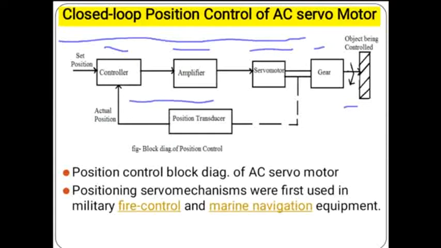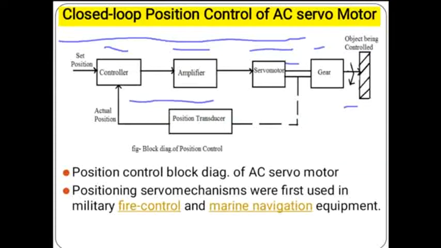According to this block diagram, the shaft of the AC servo motor is coupled to the object to be controlled through a gearbox. The position sensor coupled mechanically to the motor shaft provides feedback about the actual position of the object. The controller compares it with the set position, the desired position, and produces a control voltage to correct the difference.